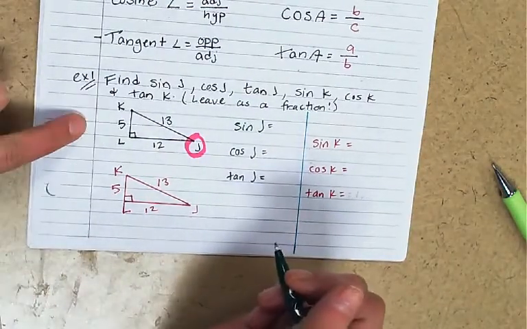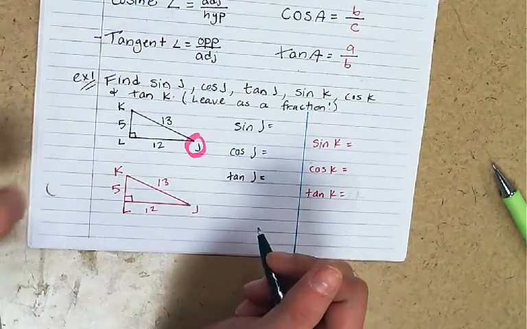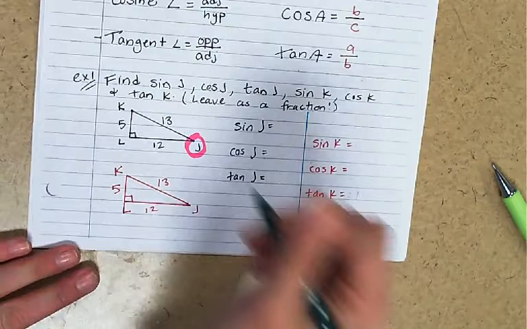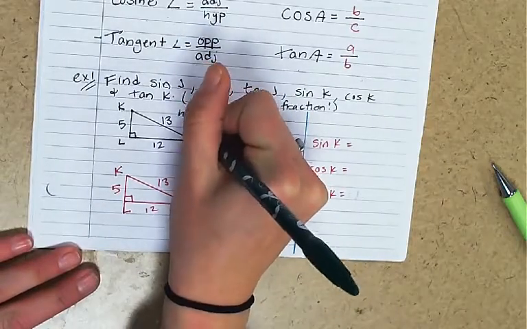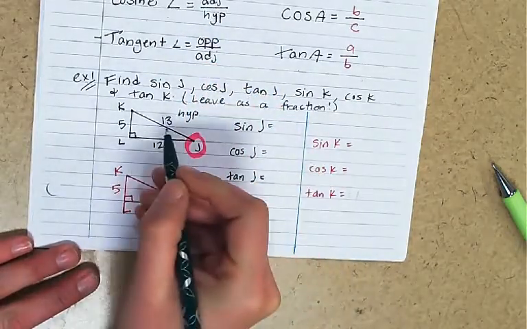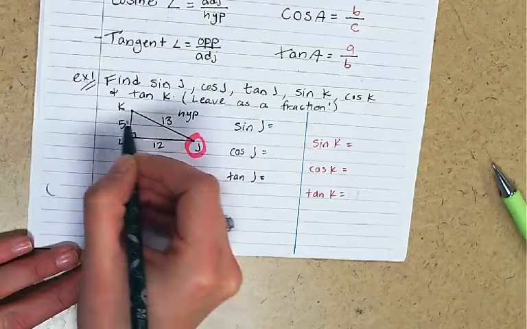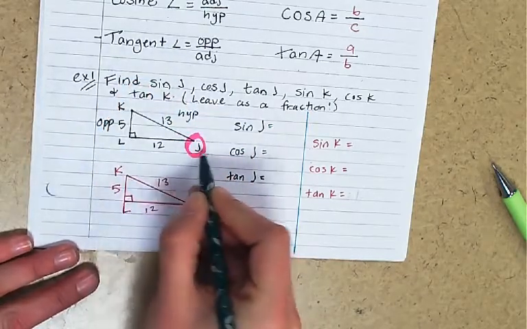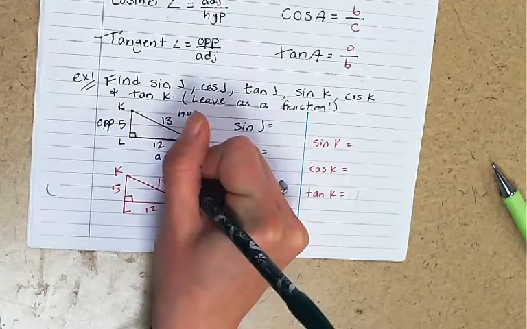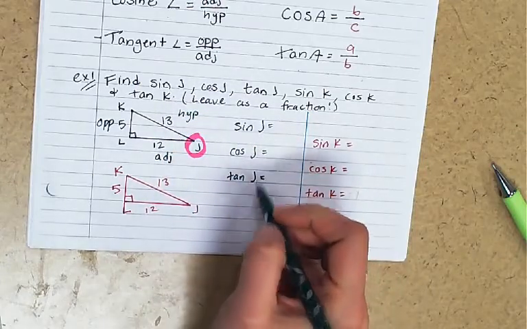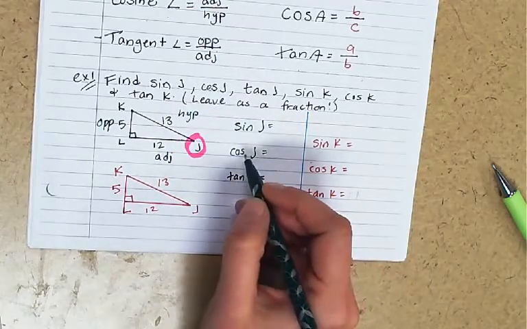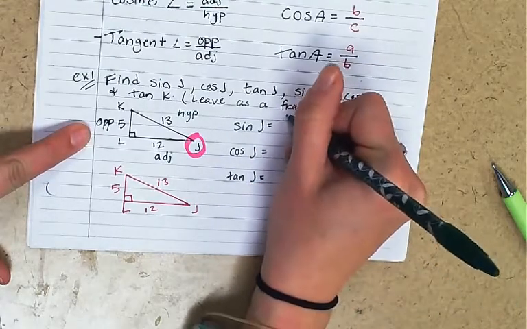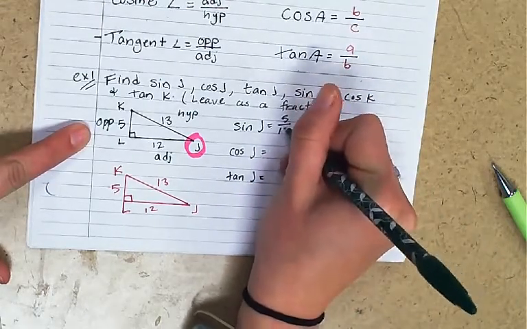See if you can label these sides. Which one's opposite, which one's adjacent, and which one's the hypotenuse. Across from the right angle is the hypotenuse. All the way across the triangle is opposite. And the side that's touching angle J is your adjacent. So now we're going to do the SOHCAHTOA. Sine is opposite over hypotenuse, that's the SOH.